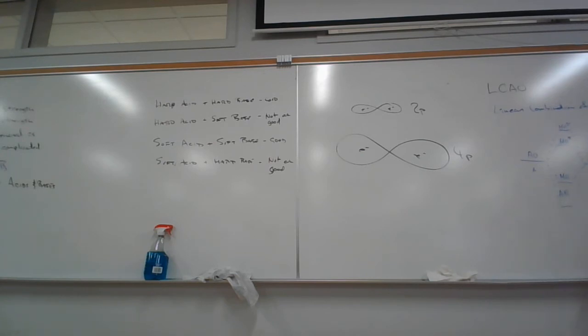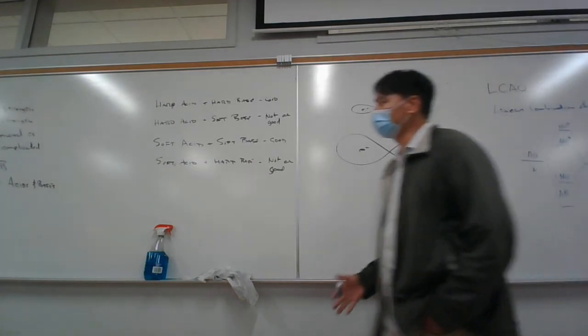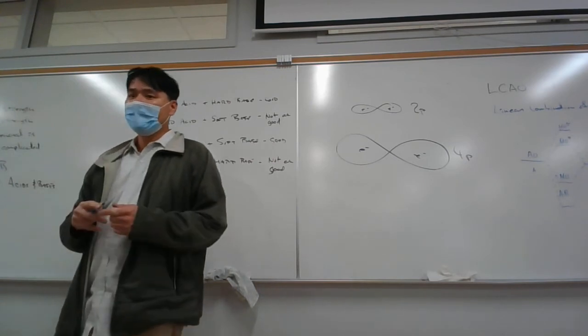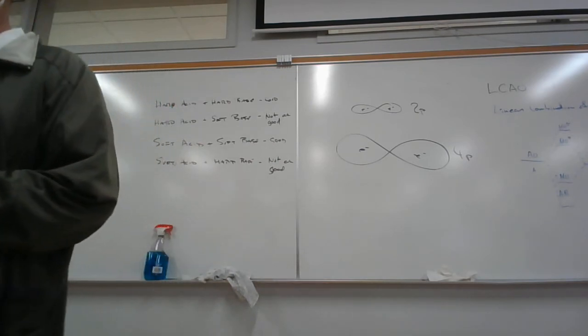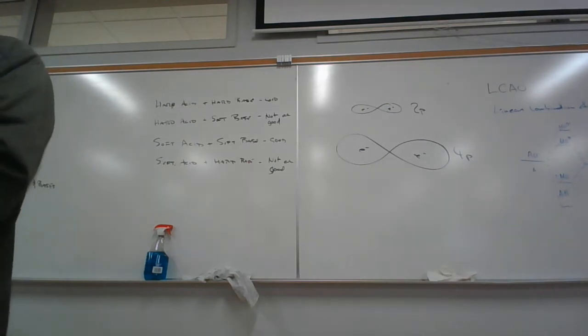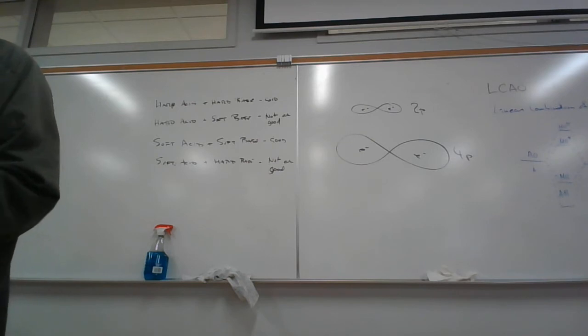You take the quantum mechanics of this, and then you try to come up with a simple picture. And the simple picture is this hard, soft, acid and base, to help us understand the ranking of acids and bases in terms of their reactivity. And then we take it case by case. You can't always say this is a strong acid under all circumstances. It depends on what you're reacting with.